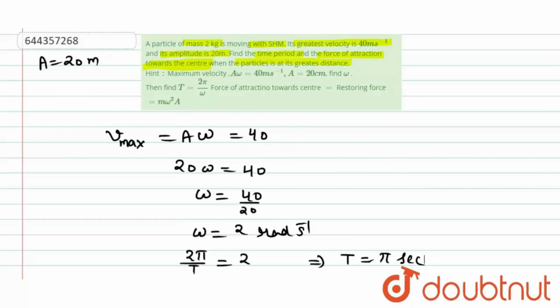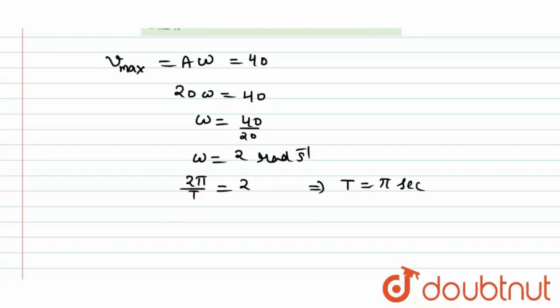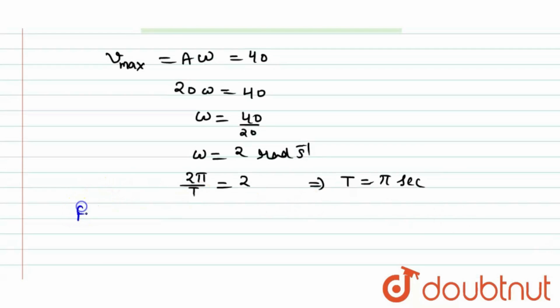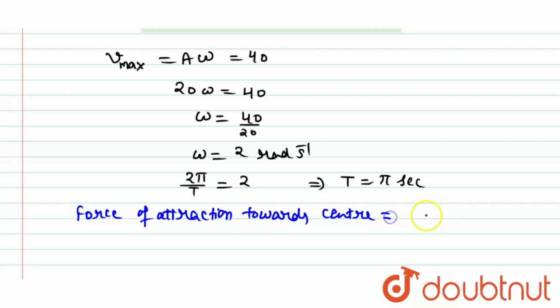Now we can say that the force of attraction towards the center is equal to restoring force, which is equal to m omega square x, but x is equal to a.